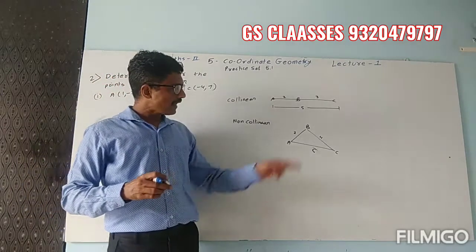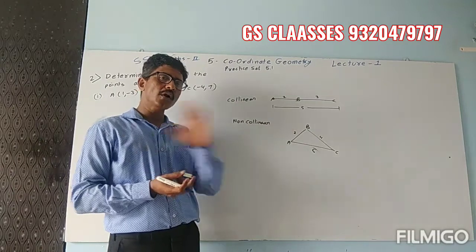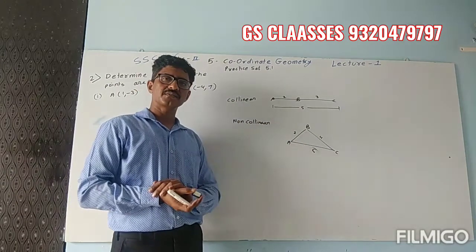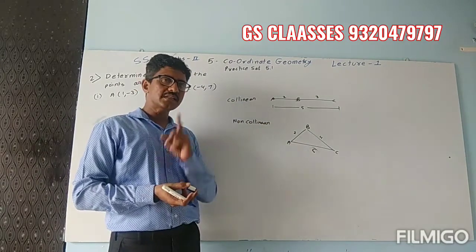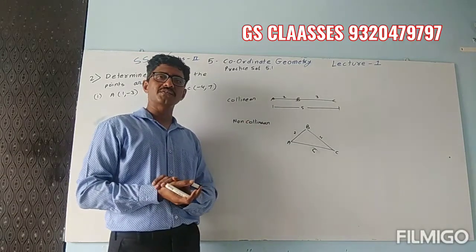Definitely, if you add any two distances, they are not equal to the third distance. This is known as non-collinear points.